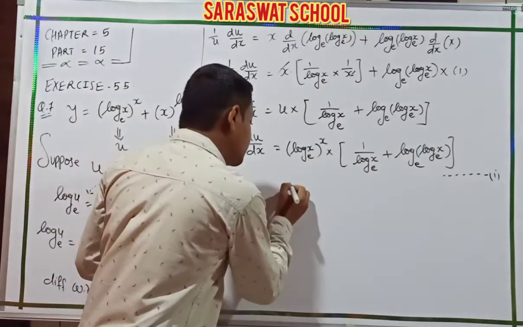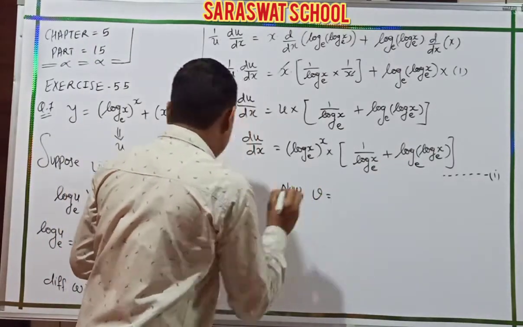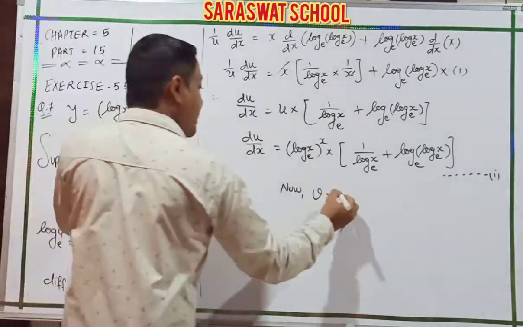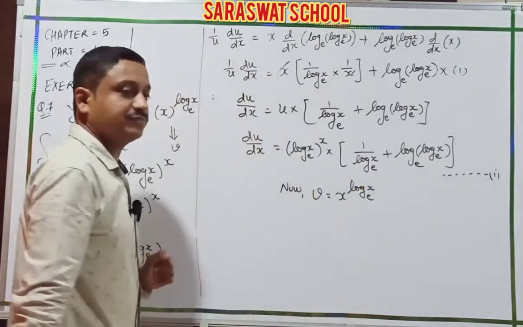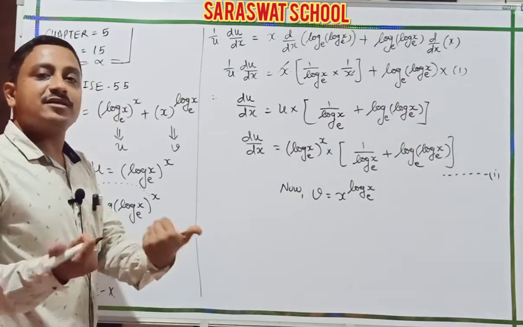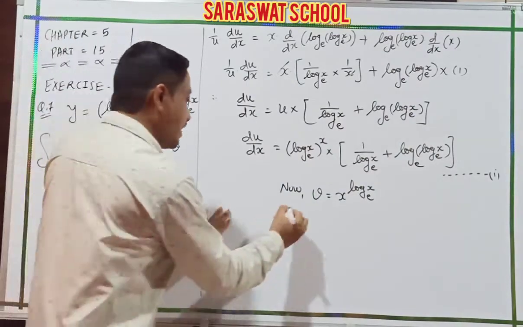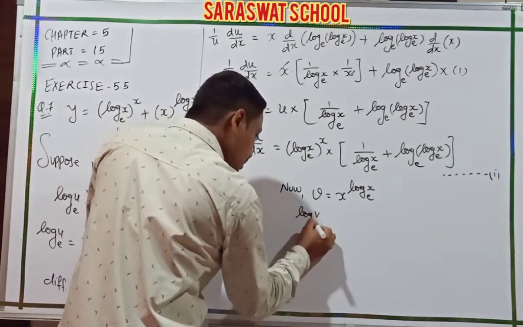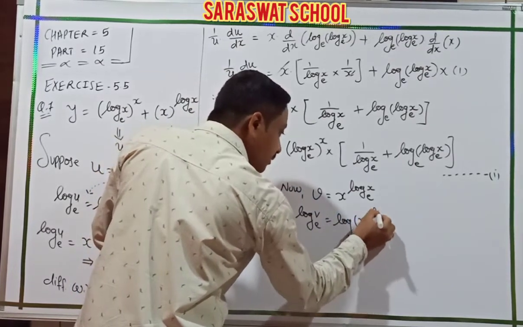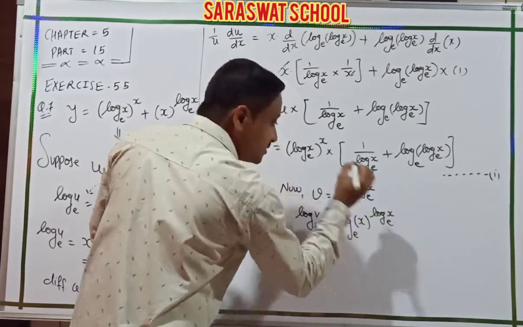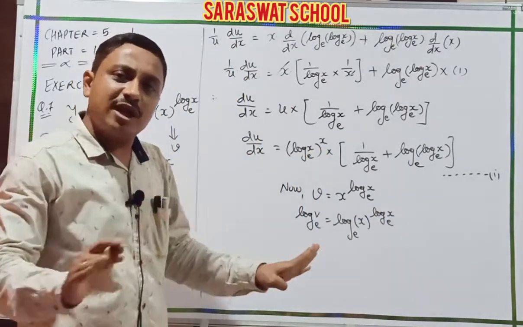Now I start with the v function. What is your v function? Yes, x raised to log x base e. And the same way, take log on both sides: log v base e equals log x to the power log x. Students, here also the same thinking.